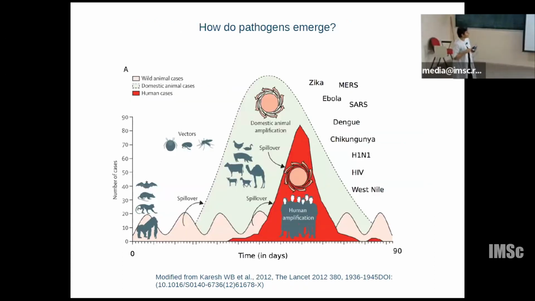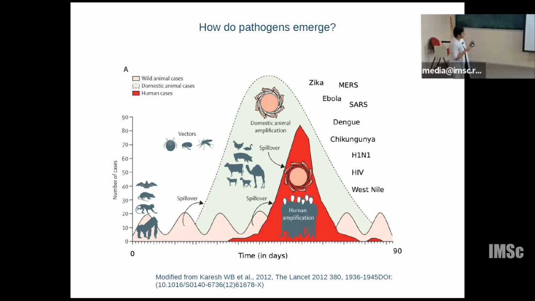And this is the idea that we have of how a pathogen might come into human beings, right? So this wave that you see in the background is basically of animals getting infected in the wild, then recovering at some rate, or the virus going down, then some susceptible animals become available again. So there's a natural pattern of that particular virus. Let's assume it's a virus in this case.